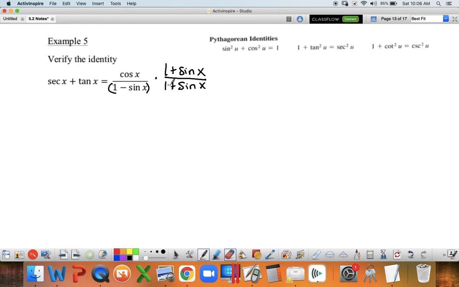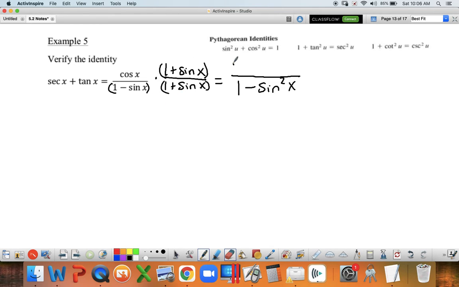So remember, I'm always allowed to multiply by the number 1, and all this is a fancy dressed up number 1 because my numerator and denominator are the same. Go ahead and FOIL your denominator. So when you FOIL your denominator, you're going to get 1 minus sine squared theta, right? Because my outer and my inner terms are going to cancel out when I do that FOIL.